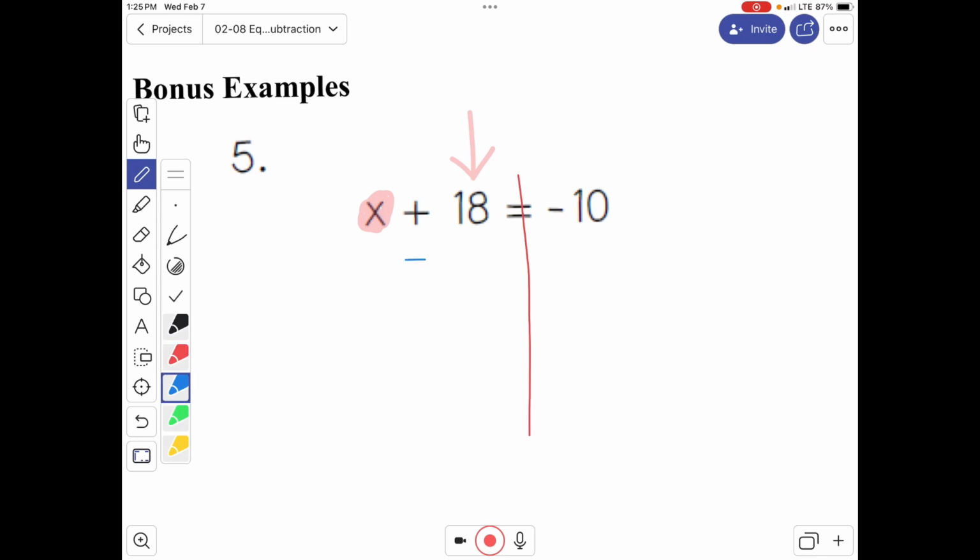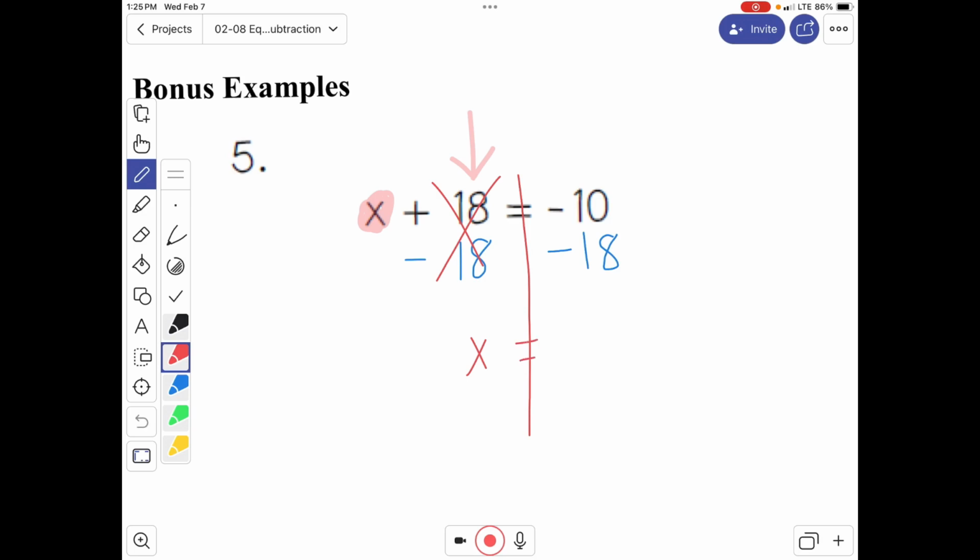The opposite would be -18. Since +18 and -18 are opposites, they cancel. And the only thing left on the left side is the x now.